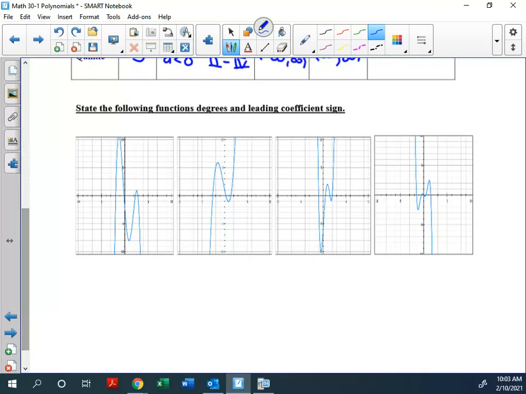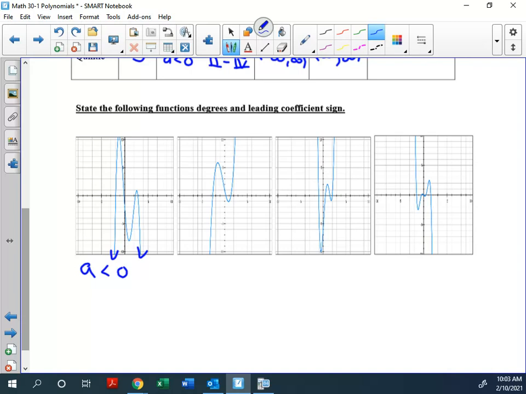Okay, so state the following functions' degrees and leading coefficients. Starts in 3, ends in 4. So first thing I know is that the leading coefficient is going to be negative. To me, that looks like a parabola opening down, right?